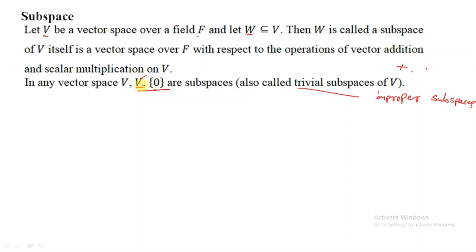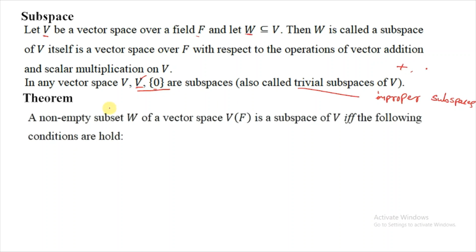These subspaces are called trivial subspaces, or improper subspaces. The null space and the vector space are always subspaces. Except for these two, the other subspaces are called non-trivial subspaces or proper subspaces.